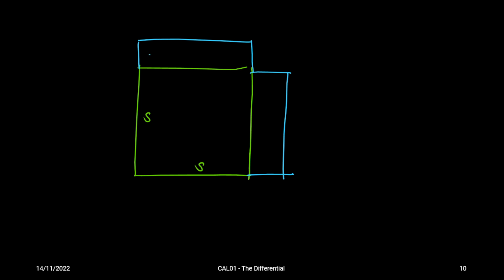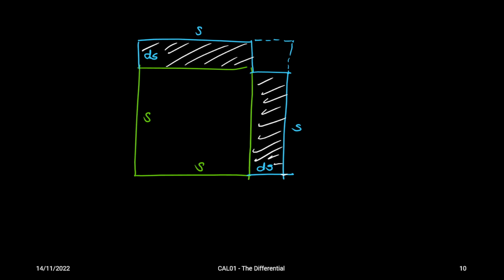This is ds, this is also ds. For our approximate change, only this is what we consider. This is S, this is S. We have 2S ds. This shaded part is our approximate change, that is 2S ds, if we combine them.